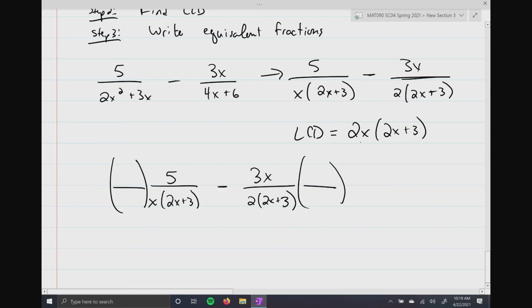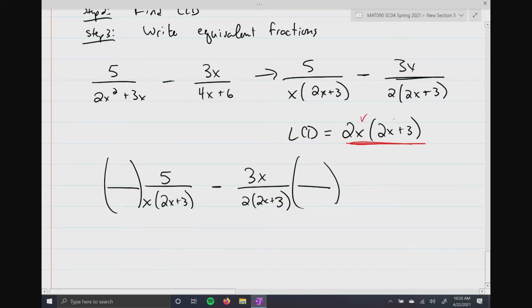Here's my LCD. For the first fraction, the 5 over x times 2x plus 3, I already got the x. I already have the 2x plus 3. It needs a 2 over 2. For the second fraction, I already have a 2. I already have the 2x plus 3. I need the x, so it's going to be x over x. Does everybody see how I did that? Okay? Go ahead and write that down. I'll wait to do the next move.